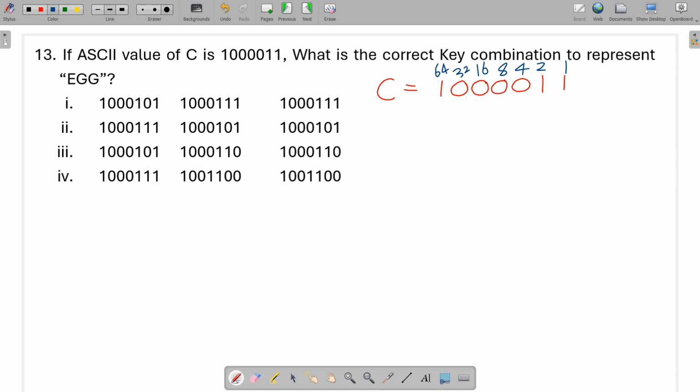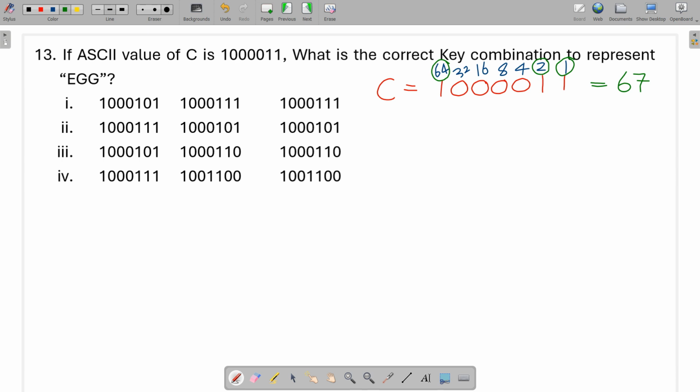In determining the value represented by this binary value, you consider the place values where a 1 remains. So these place values 64, 2 and 1 will be considered. That gives you 64 plus 2 is 66, plus 1 is 67.